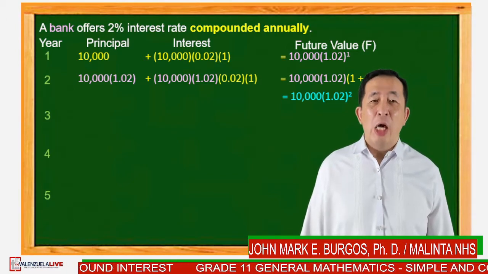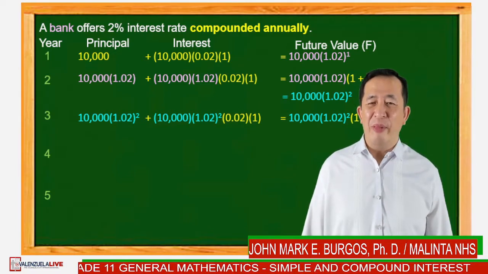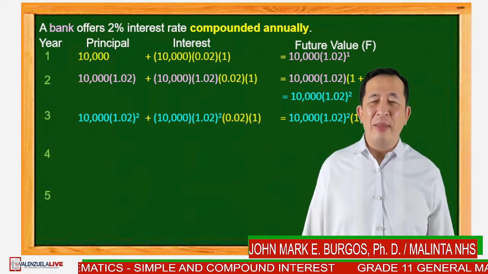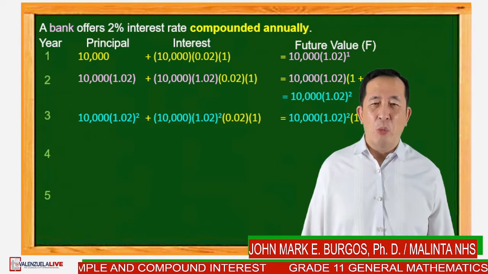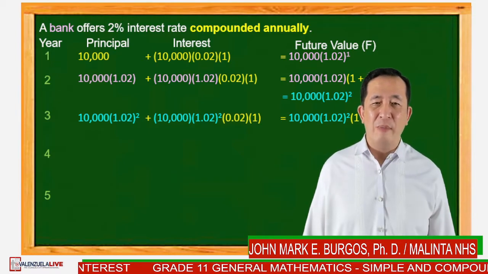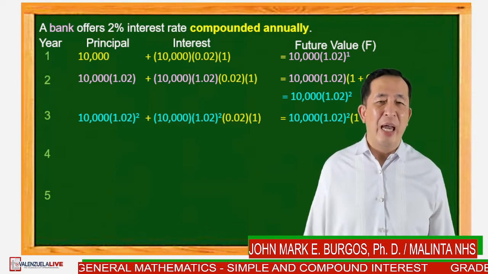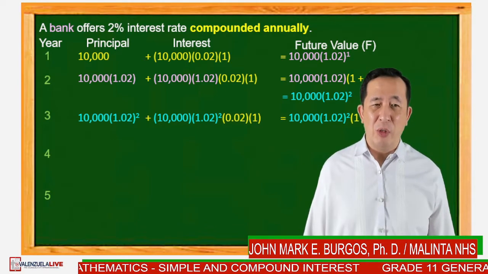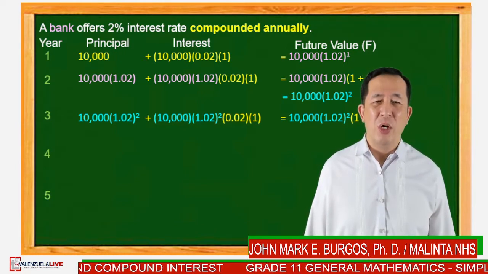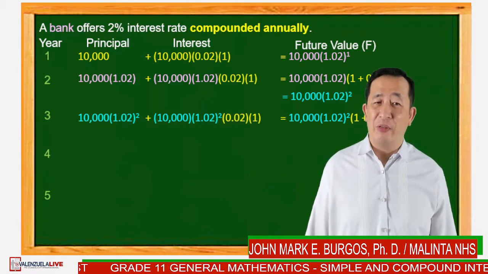On year 3, using the future value of year 2, we have the principal 10,000 times 1.02 raised to the second power. To compute for the interest, we have 10,000 times 1.02 raised to the power of 2 times 0.02 times 1. So, the future value will be 10,000 times 1.02 raised to the second power times 1 plus 0.02. We have 10,000 times 1.02 raised to the third power.